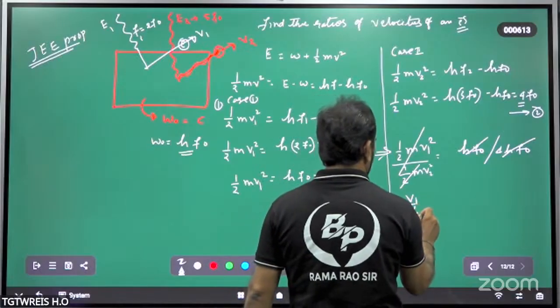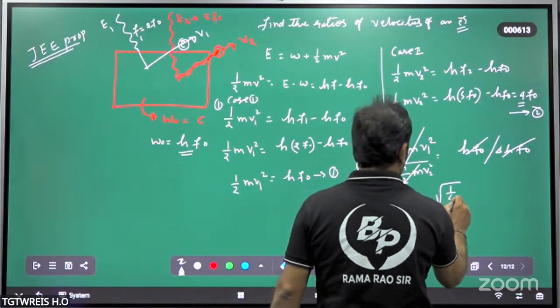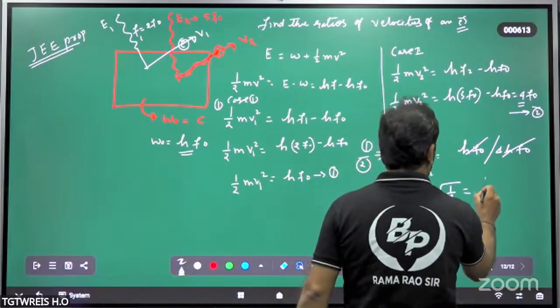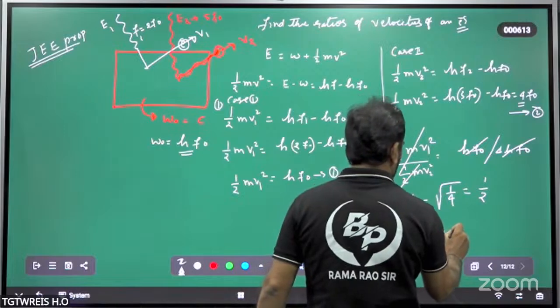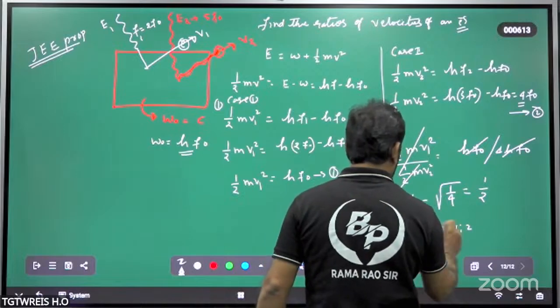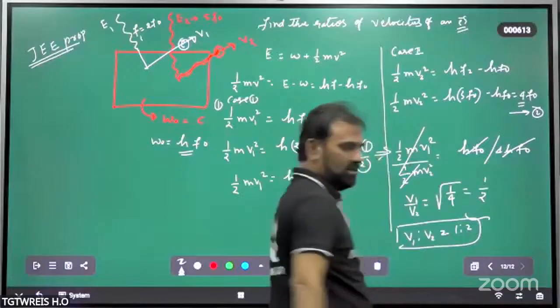V1 upon V2 is equal to root over 1 upon 4, that is equal to 1 by 2. Therefore, V1 to V2 is 1 is to 2. This is the final answer.